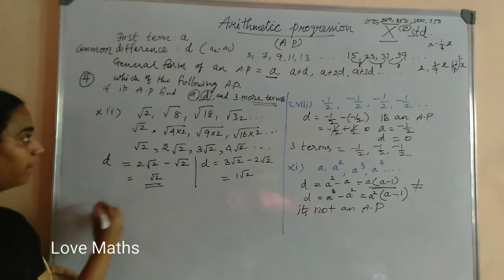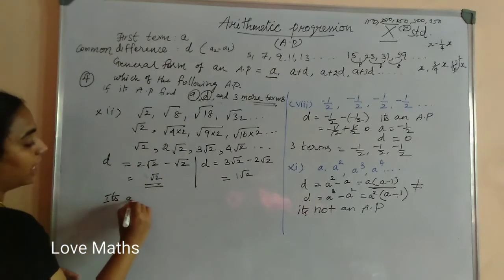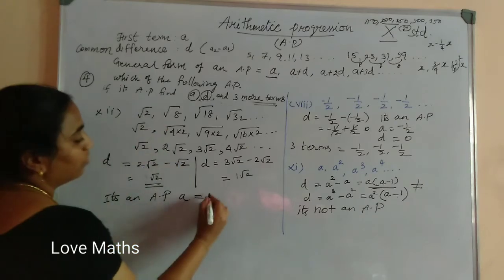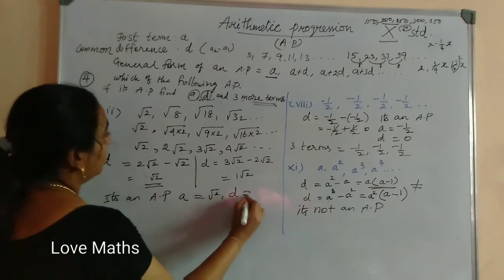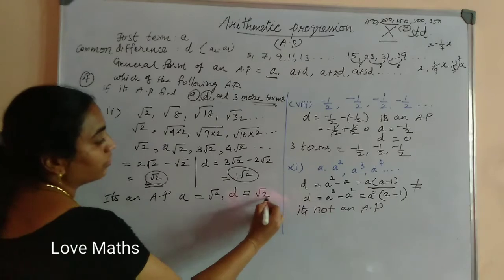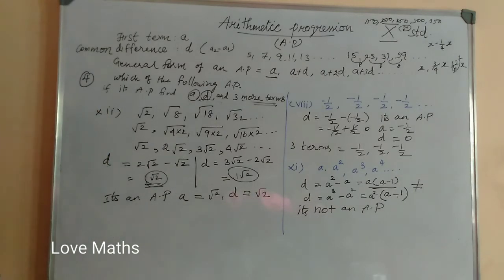So it is an AP. What is A? The first value, root 2. What is D? The D value is also root 2.